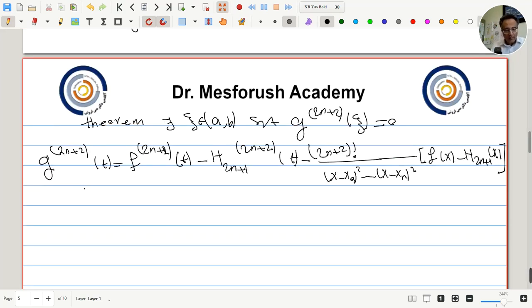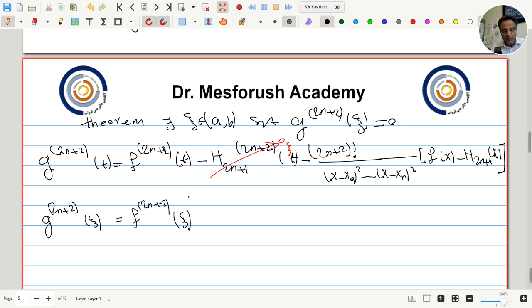Okay, so if you put g^(2n+2) at c, now here f^(2n+2) at c, and also we know that if you put c here, this derivative of a polynomial of degree 2n plus 1 vanishes to 0.